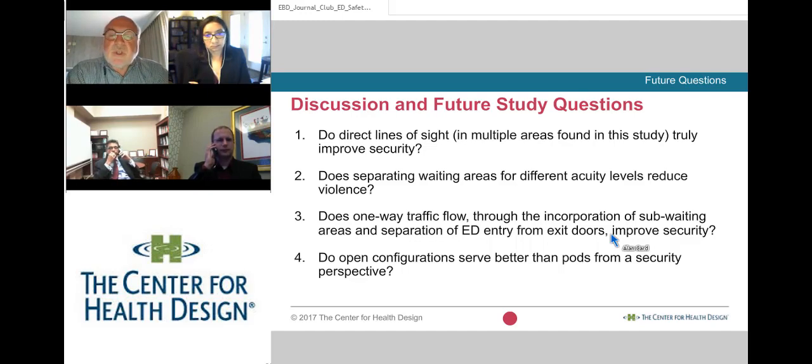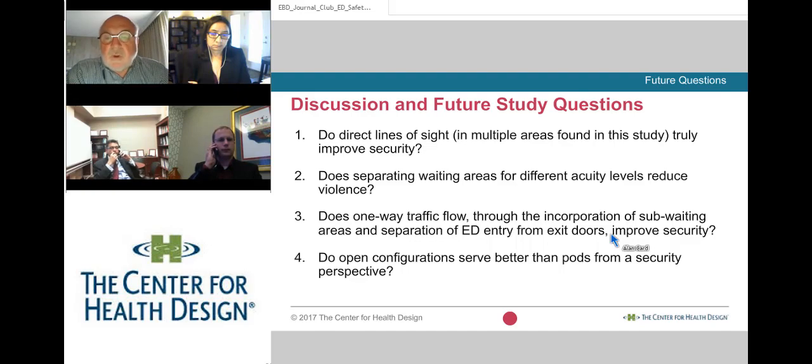So a real focused study on the question of, do direct sight lines truly provide security or improve security in this space? What can we do to test that specifically? Another might be the separation of waiting areas, as DJ talked about, for different acuity levels. Does that somehow influence or reduce violence in the area?